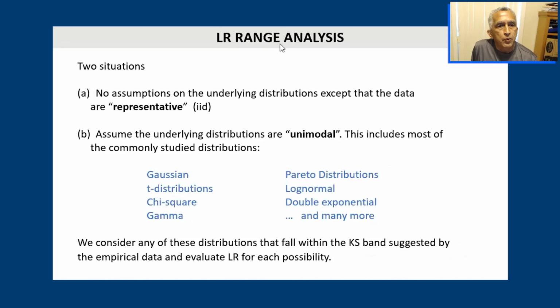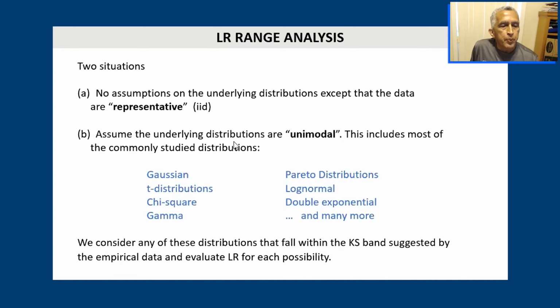So what's our approach to actually implement this idea? We consider two situations. In one situation, we allow for any distribution that's inside the KS band as a plausible distribution, and calculate the LR range by examining all possible distributions in this class.